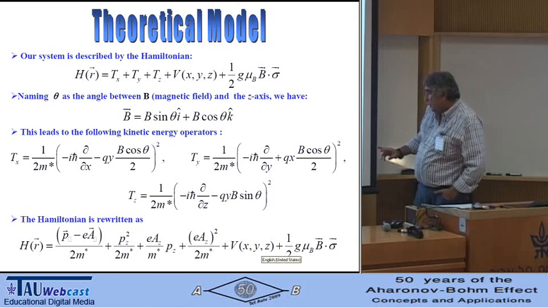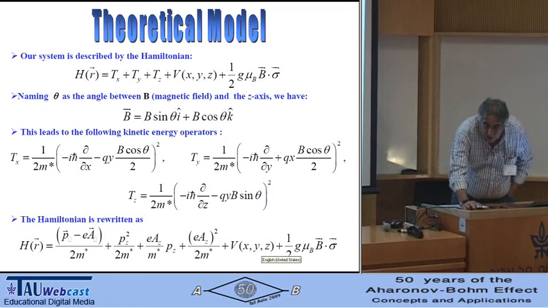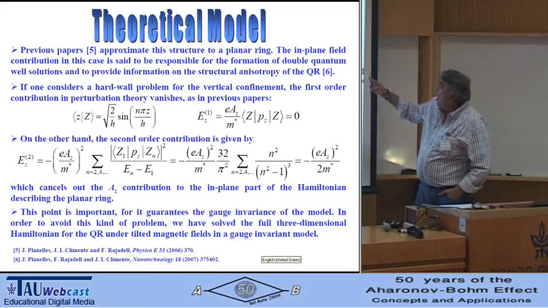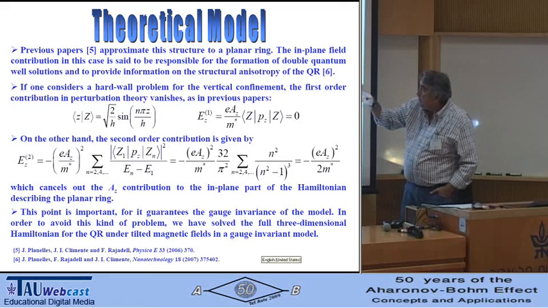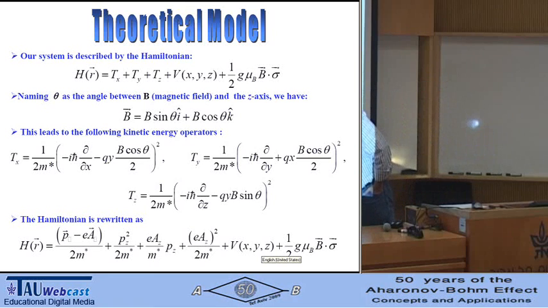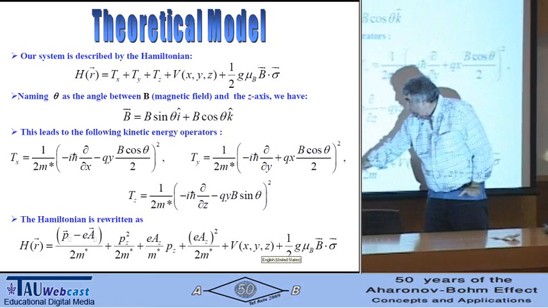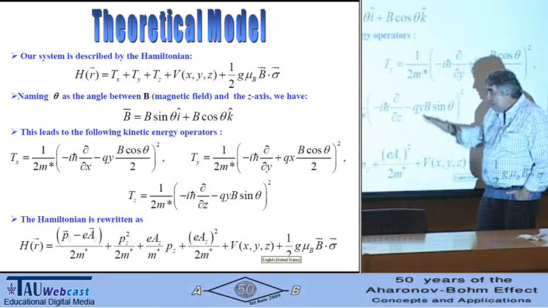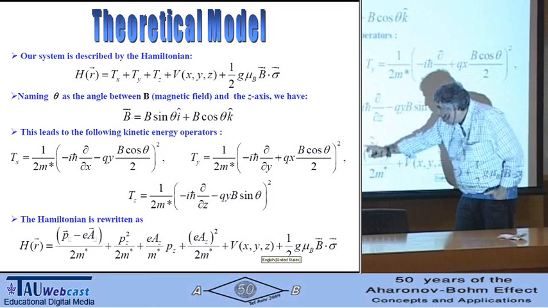The main reason is that if you consider just two dimensions, eventually you can have in the Hamiltonian one term that depends on this term here, but you cannot neglect this. If you consider just the first order, you look for the Hamiltonian inside the plane, you keep this term.